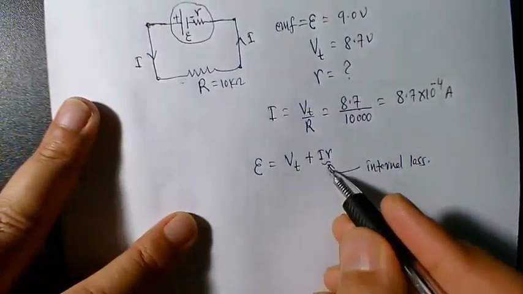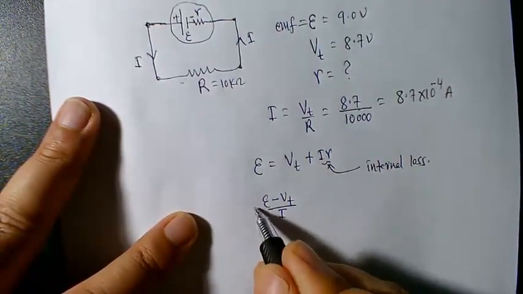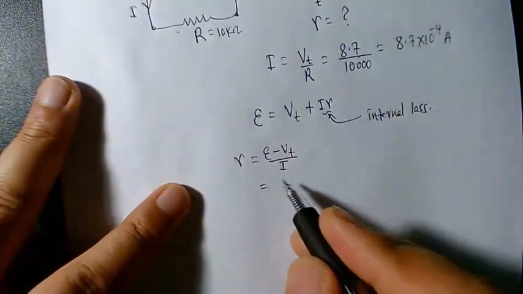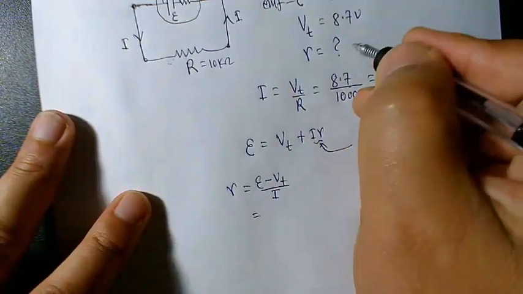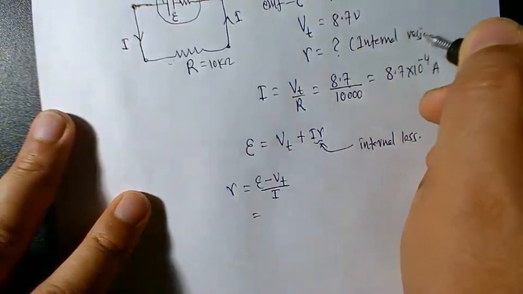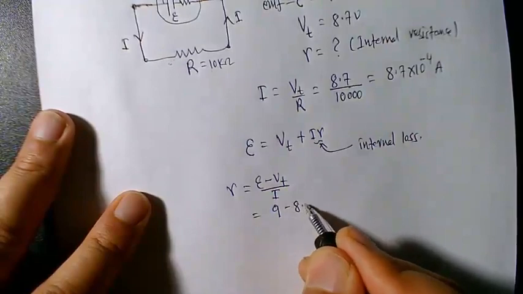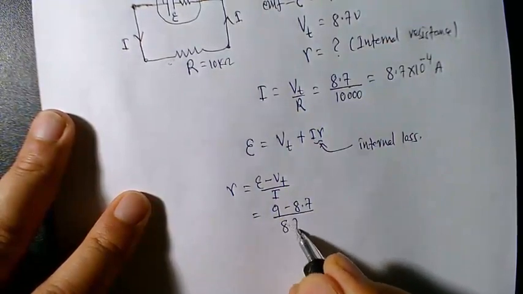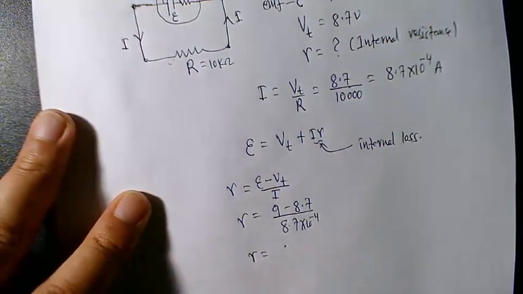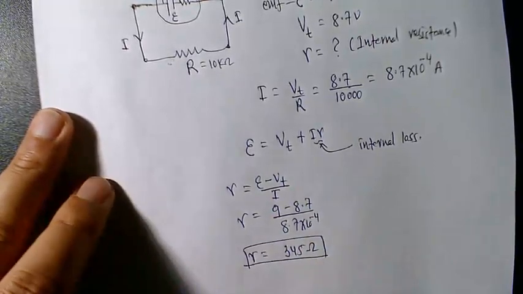Then solve for it: E minus Vt over I is equal to small r, the internal resistance of the battery. So it is 9 minus 8.7 divided by the current, 8.7 times 10 to the power negative 4, and the internal resistance of the battery is 345 ohms if you do this calculation.